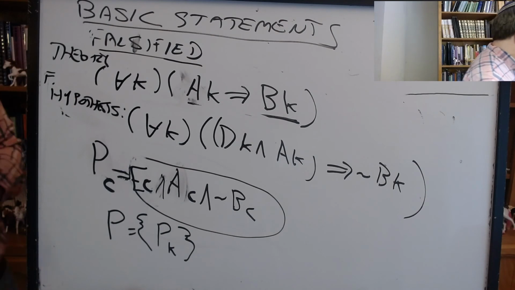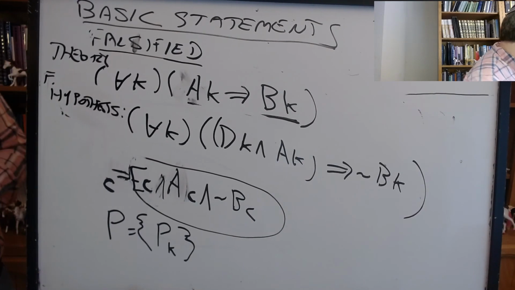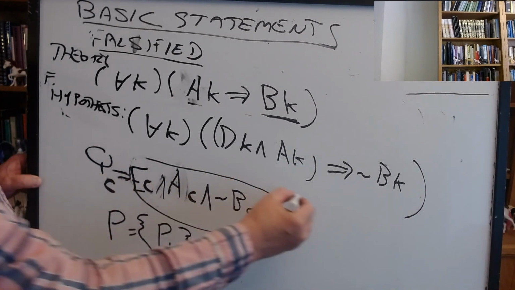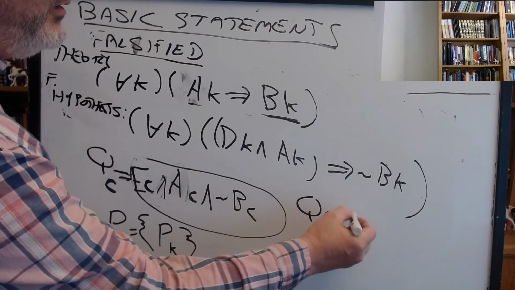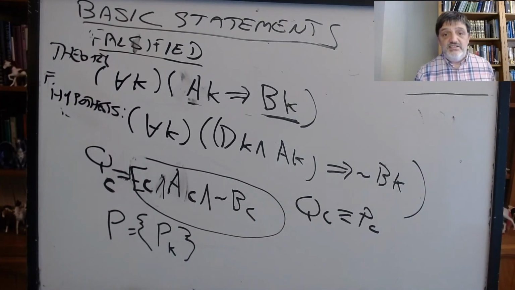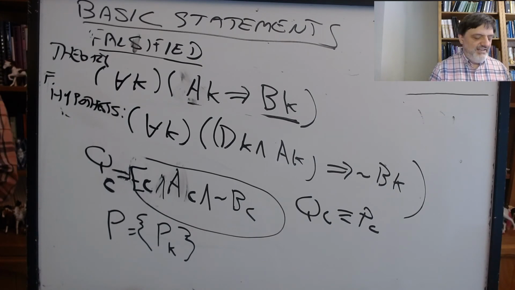So in other words, maybe I should have put it this way. Call this Q. Then in this case, QC is equivalent to PC. There's only a swan that's in Australia that's not white at C if... it's not exactly right either.